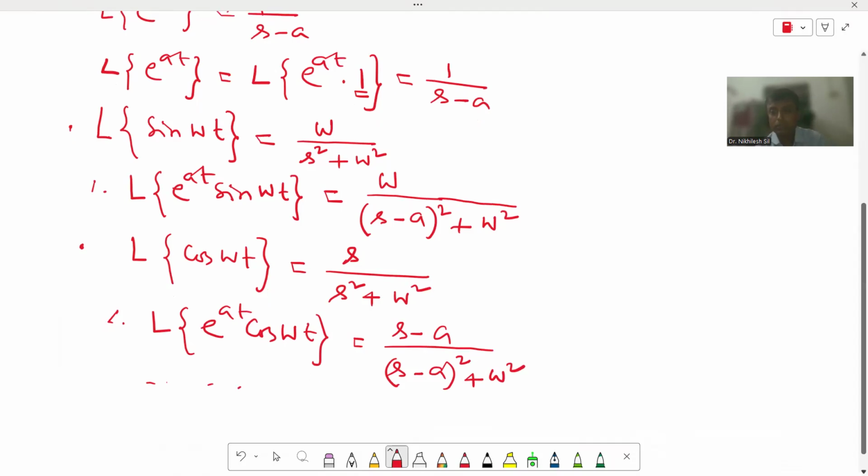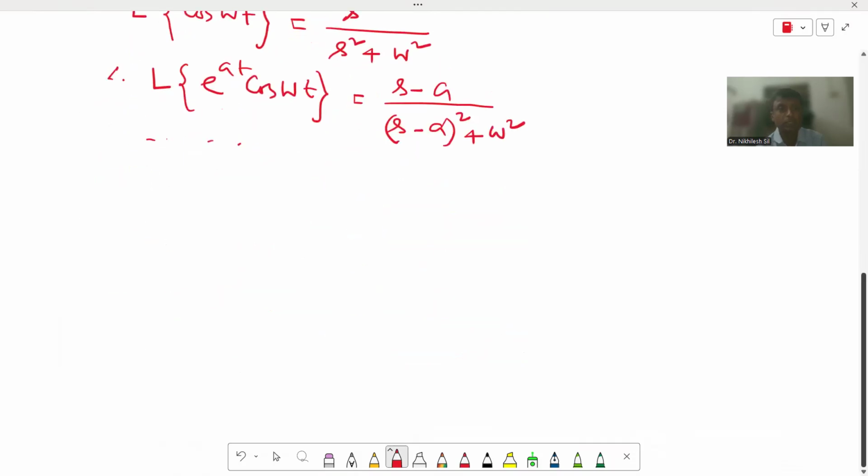Now, what is the next property? Now come to the next property, the change of scale property. So shifting property is the first one, and then the number 2 is change of scale.